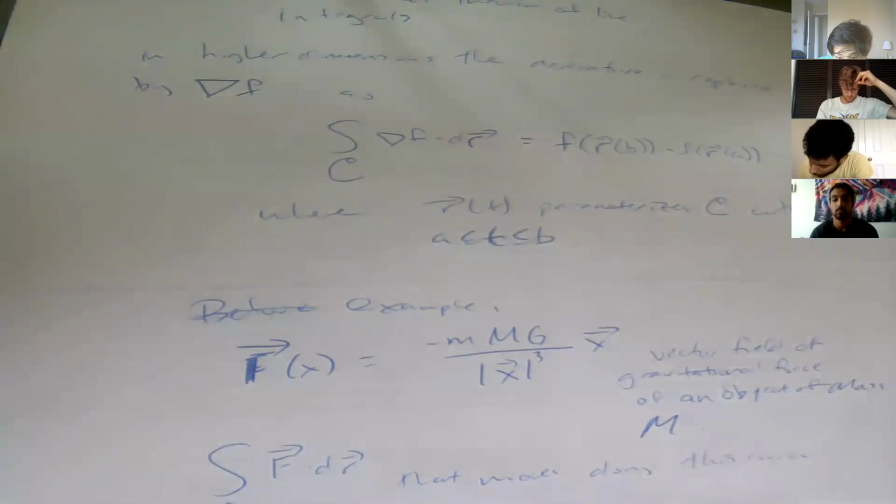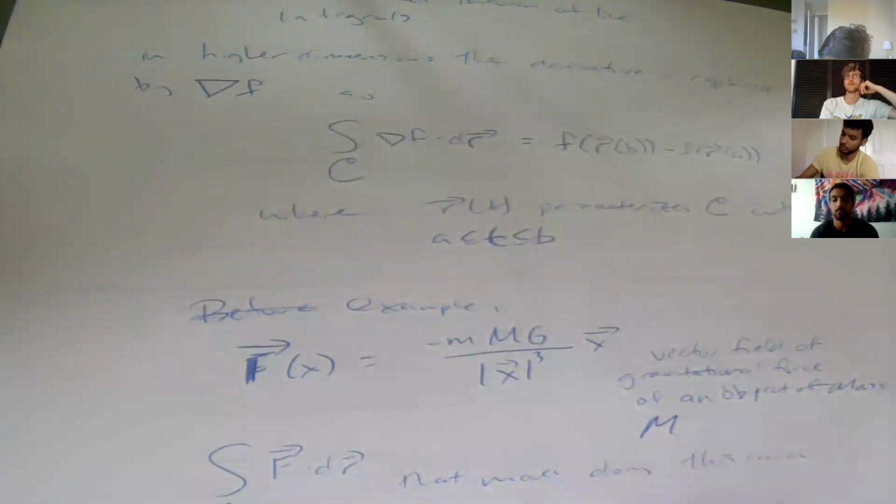It goes from (3, 4, 12) to (2, 0). Okay, you can't see that.